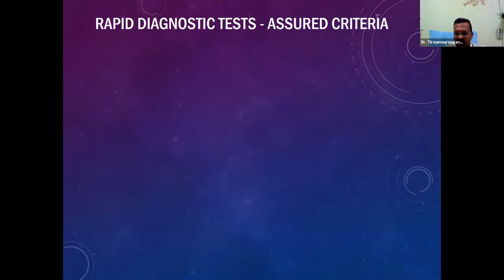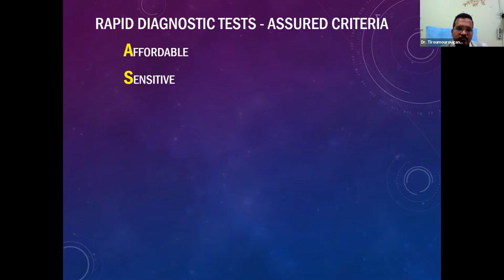This was originally meant for diagnosing sexually transmitted diseases in sub-Saharan Africa, but since then it has been applied for all tests which come under the category of RDT. Now the A in the ASSURED criteria is for affordable. These tests have to be affordable.